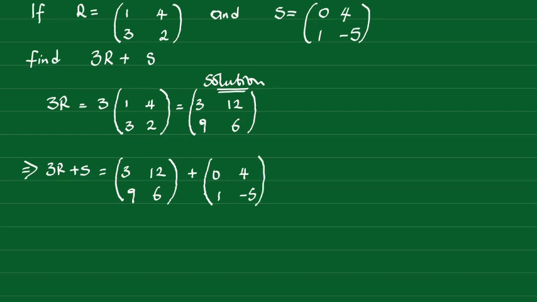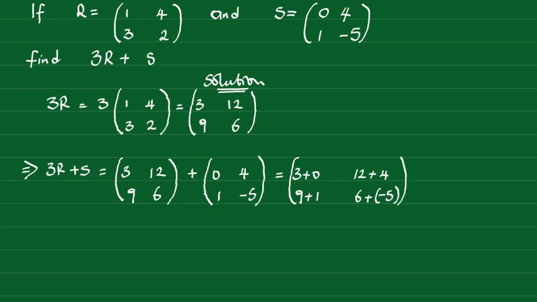All these will be equal to (3 plus 0, 12 plus 4, 9 plus 1, 6 plus -5), and we close our overall bracket.